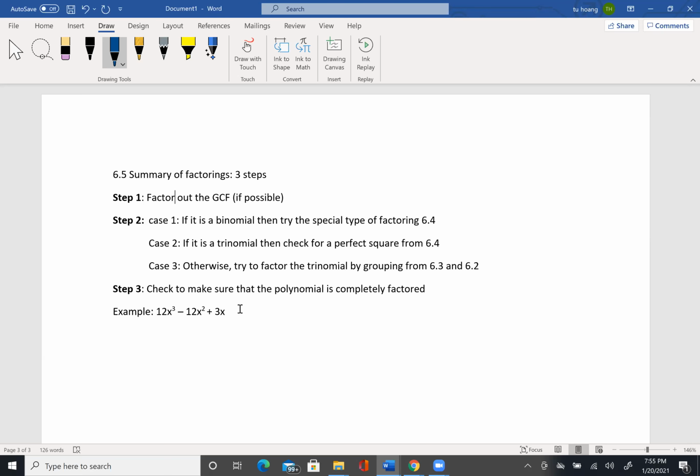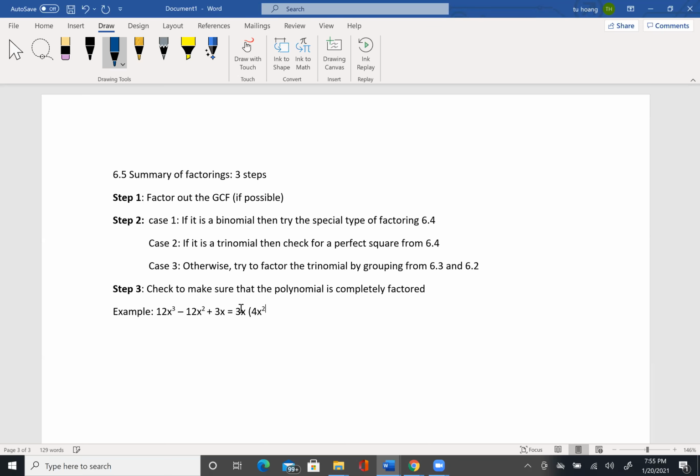There is. You're going to use 3x. So using the same method I showed you before, it's going to be 3x multiplied by 4x squared.